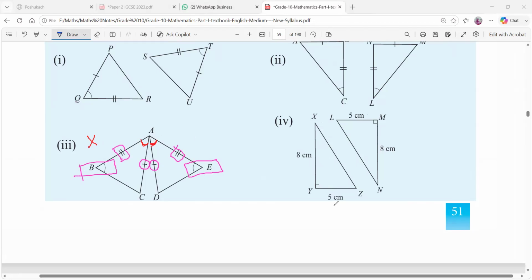Next one. 5 centimeters, 5 centimeters equal each other. 8 centimeters, 8 centimeters. Between these two, there is an angle of 90 degrees.